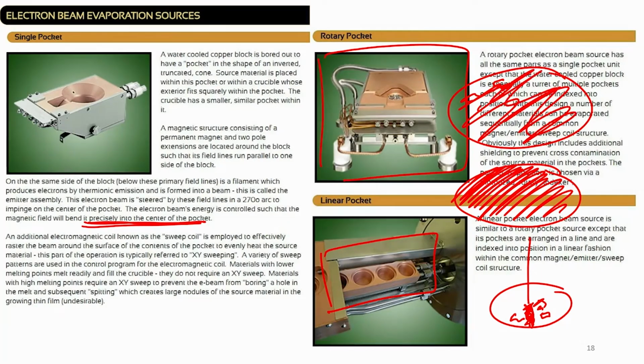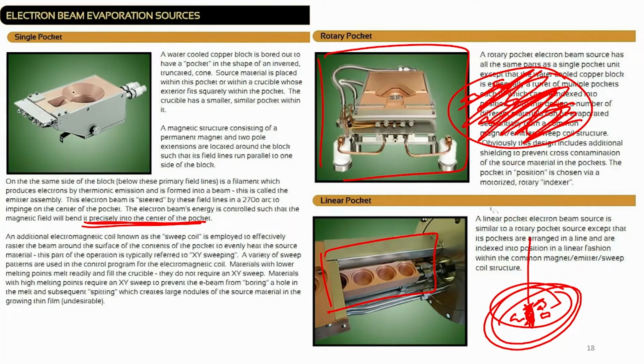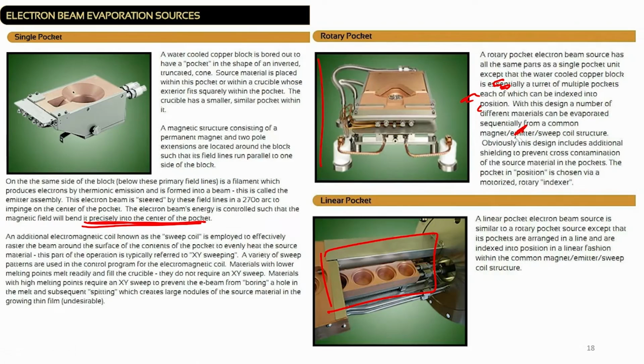The film will be there, but it will not be uniform. Why? Because here the heating is non-uniform. This will happen when you do not use the XY sweeping. The difficulty is the large nodules of source material depositing when you are growing the thin film.